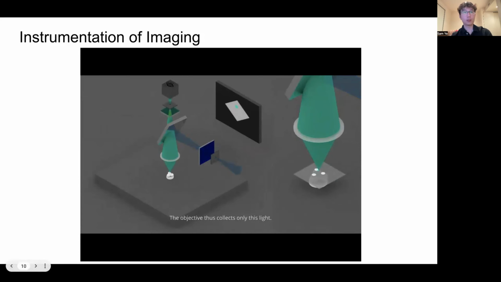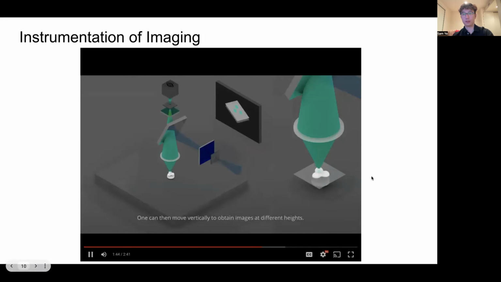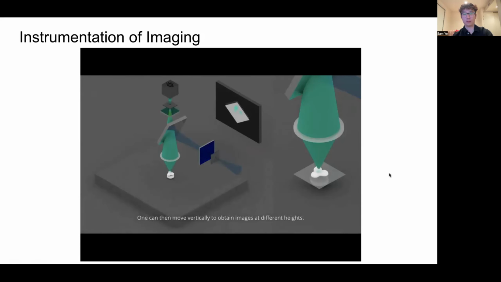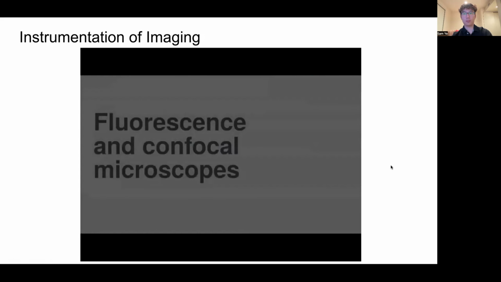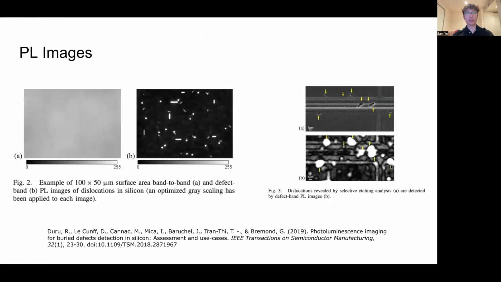And step three, those signals are captured by highly sensitive cameras, constructing a PL signal intensity map by moving the sample around. And eventually, you can get these beautiful images where you can clearly see the defects and possibly identify the type of defects.